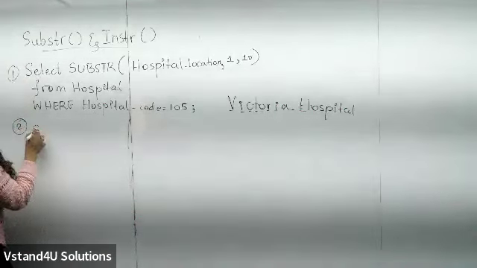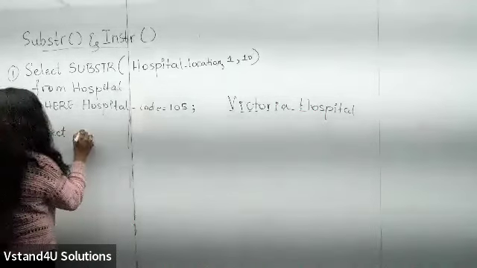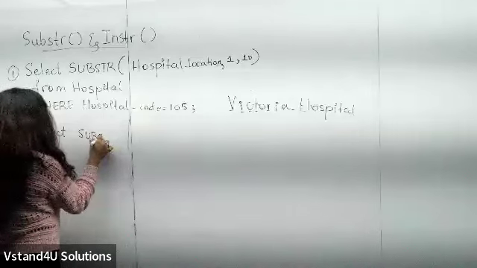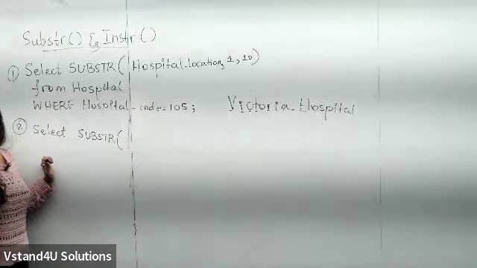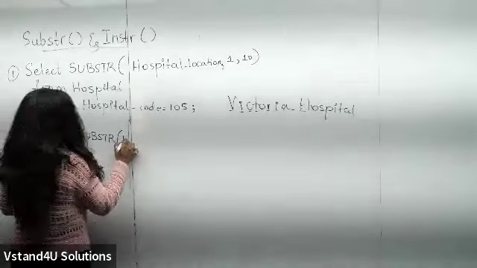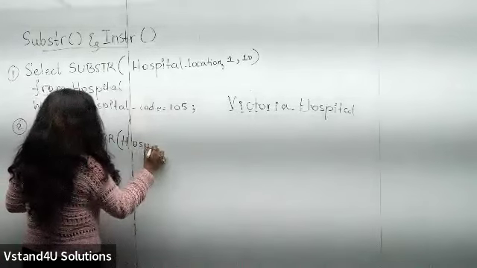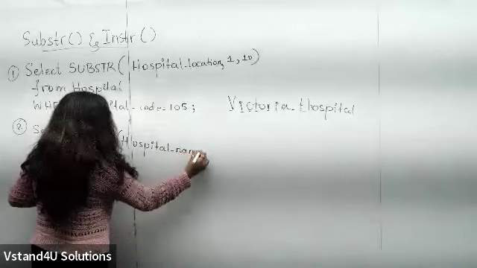Second one, again you will write select, and you have to use the function substring. From which column are you supposed to extract? From the hospital name or location? Hospital name.